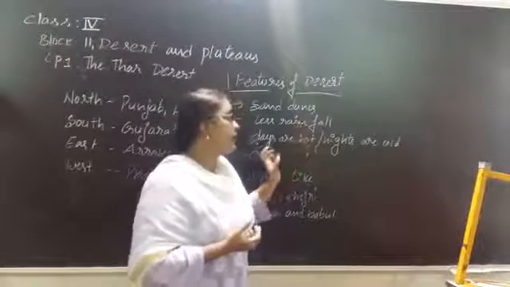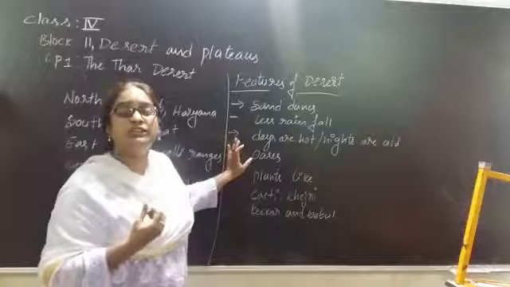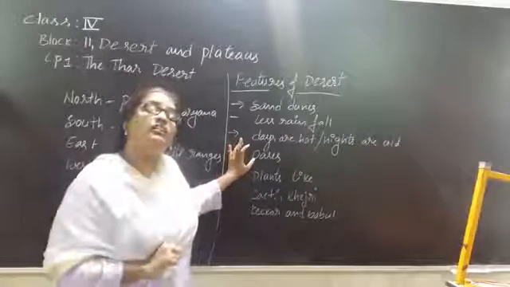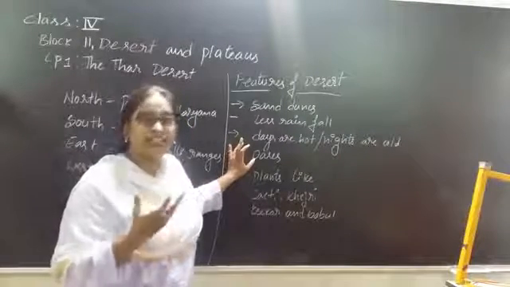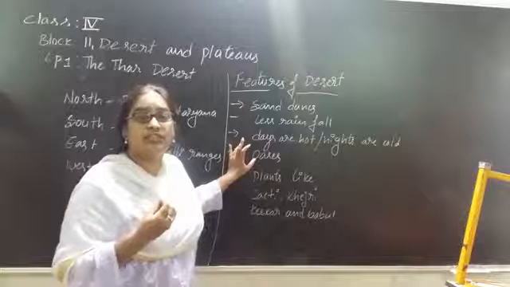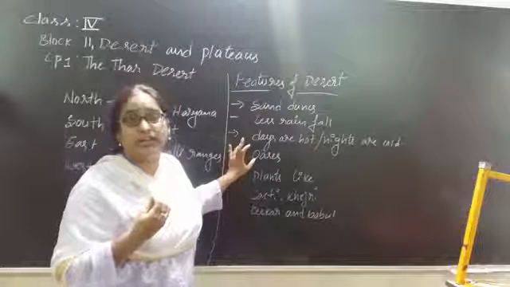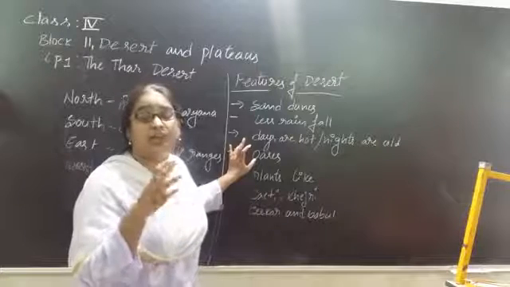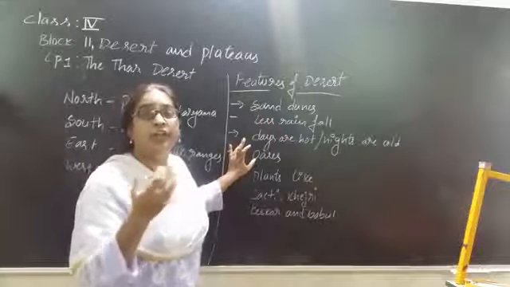After that, the climate. How will the climate be if the place doesn't receive much rainfall? Obviously, it is very hot and dry. So if you go to Rajasthan or any dry or desert places, that place will have a very hot climate, very hot compared to other places.